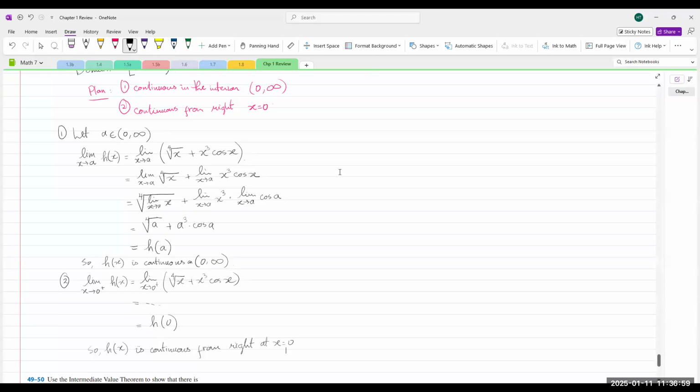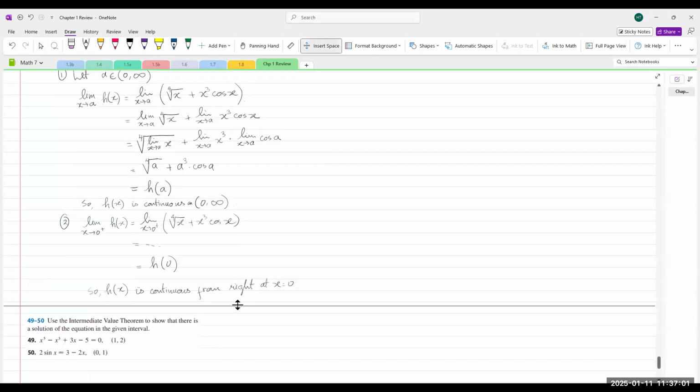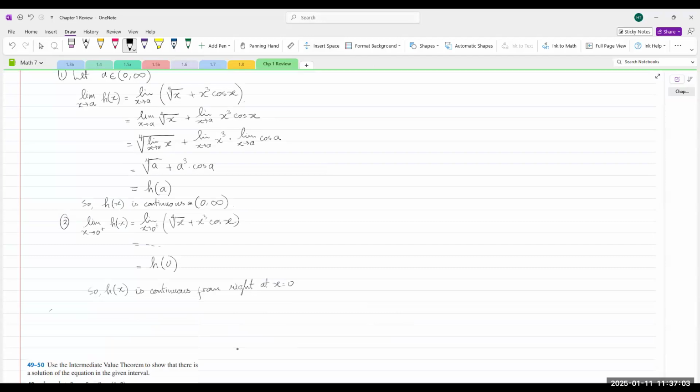Now using this point 1 and point 2, we can say this function h(x) is continuous on 0 to infinity. Okay.